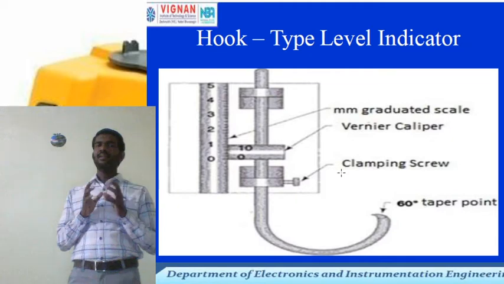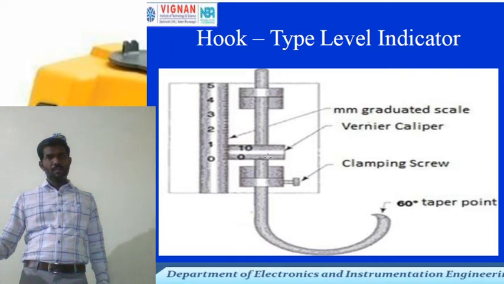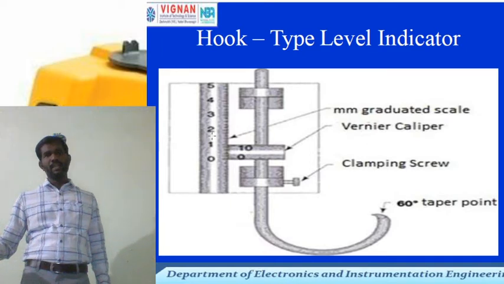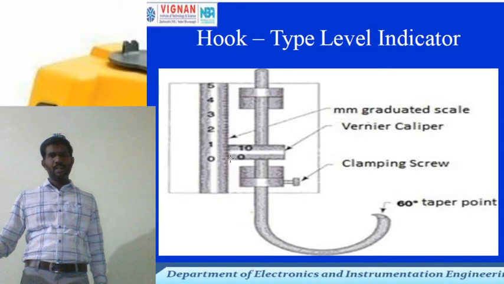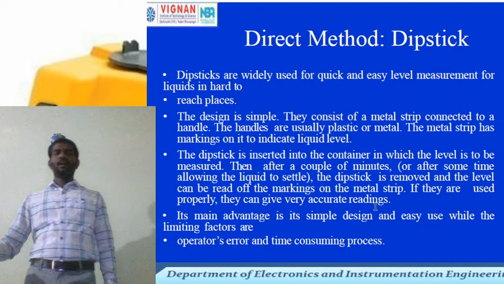Here it is a graduated scale, which can be read by the vernier caliper, with a clamping screw at the bottom and also a taper point. Whenever the clamping screw is opened, the liquid level is raised, and that is indicated on the graduated scale by the vernier caliper. So directly we measure the level with this caliper scale.